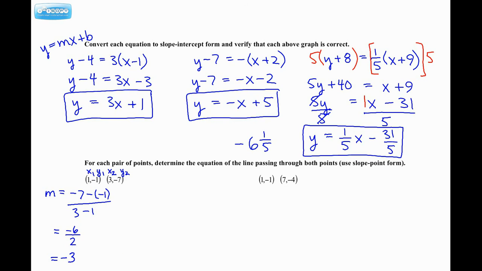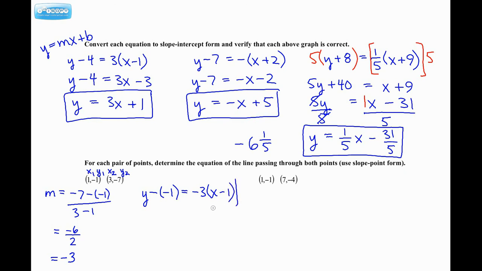So we can find the equation of our line, and we get to choose which point we want to use. It's up to you. I'll pick the first one. Why not? So this is y minus my y value, remember y minus y1, equals my slope, which I now know to be negative 3, times x minus my x coordinate, so that's x minus 1.